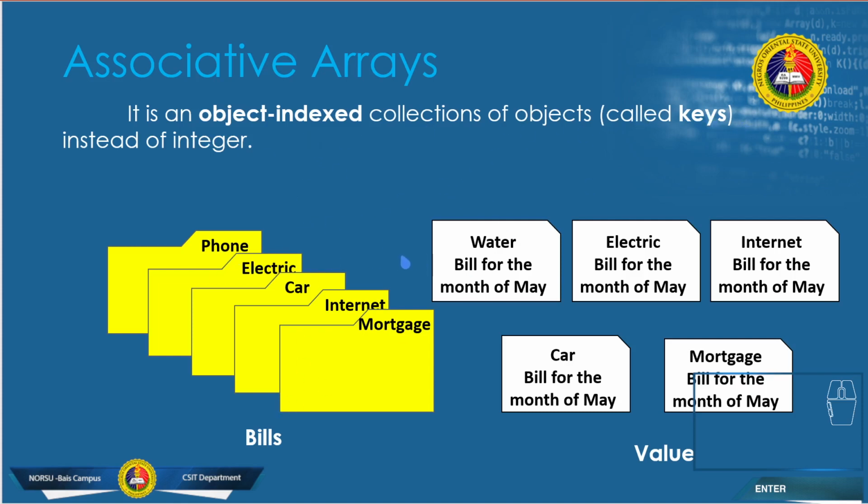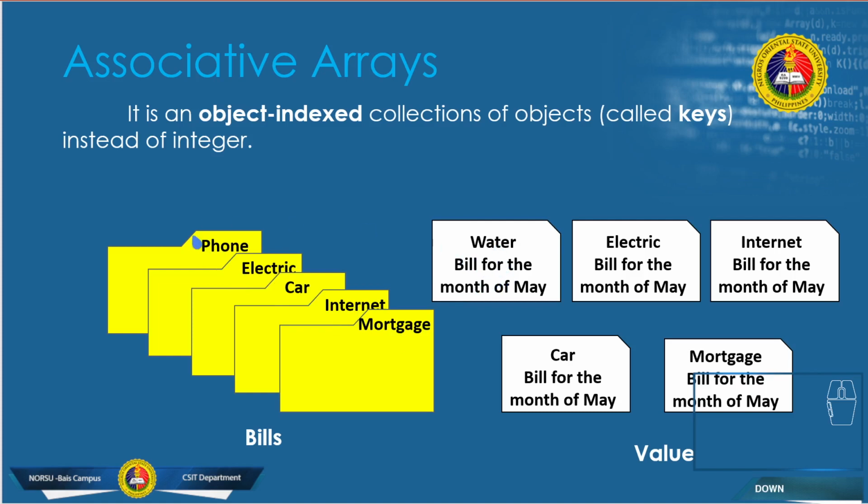So, for example, let's move it to non-programming terminologies. Let's say this is our monthly bills. We're going to create folders for phone bill, electric bill, car bills, internet bills, mortgage. So, let's say we're going to store the water bill for the month of May.